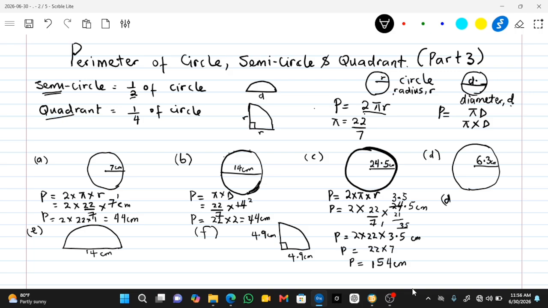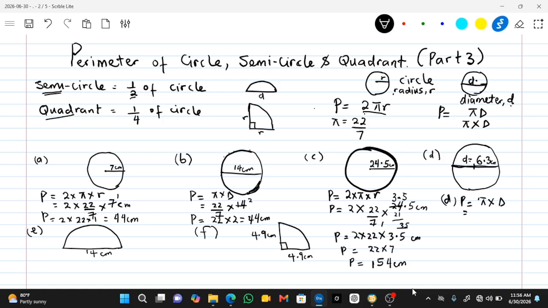For this one, again we are given the radius, so we should use 2 pi r. Okay, let me turn this to diameter. So the diameter is equal to this. So again we do pi times d.